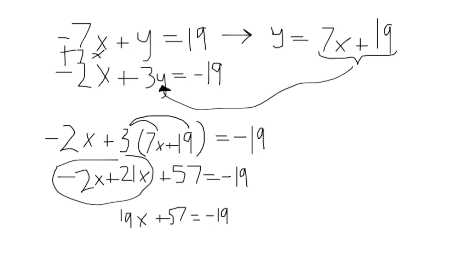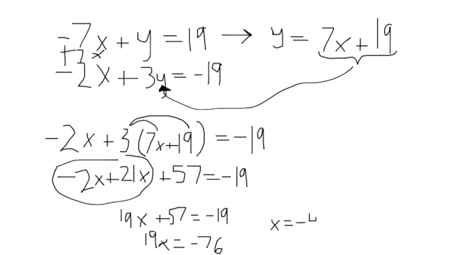Negative 19 minus 57 is negative 76. So you're going to get 19x equals negative 76. And then just divide that by 19, and x is going to be equal to negative 4.